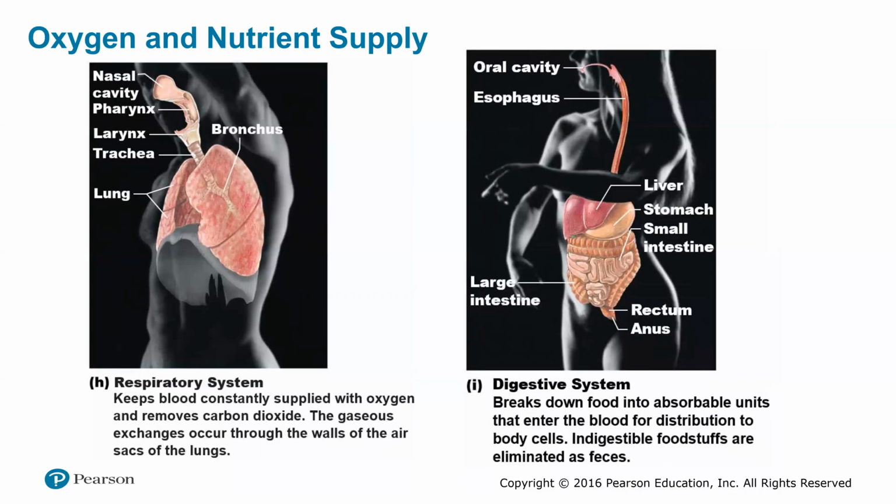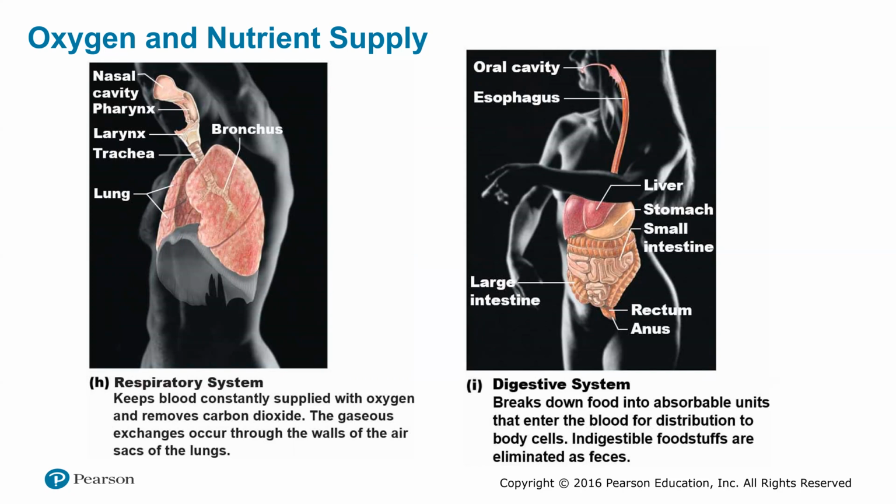Respiratory system, major organs: nasal cavity, pharynx, that is your throat, larynx, your voice box, trachea, bronchi, lungs. The respiratory system keeps blood constantly supplied with oxygen and removes carbon dioxide. The gaseous exchange occurs within the walls of the air sacs of the lungs. Digestive system, major organs: oral cavity, esophagus, stomach, small intestine, large intestine, rectum, anus, and also includes liver, pancreas, gallbladder.